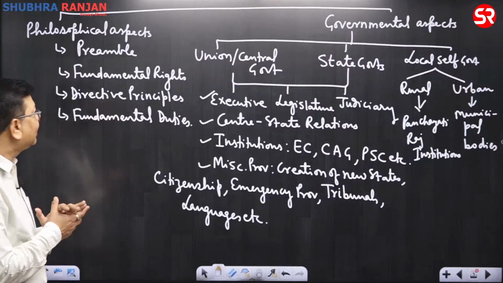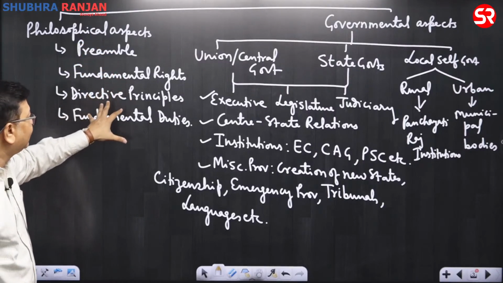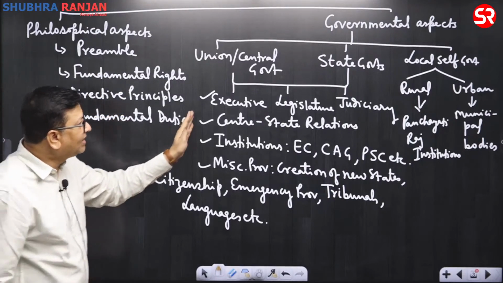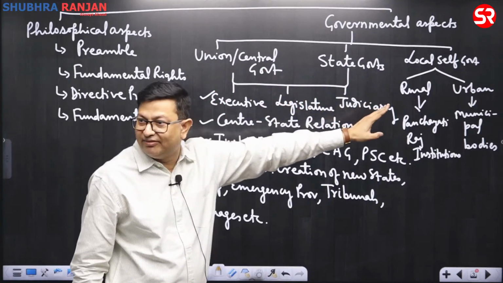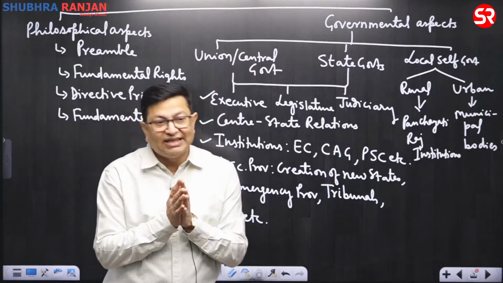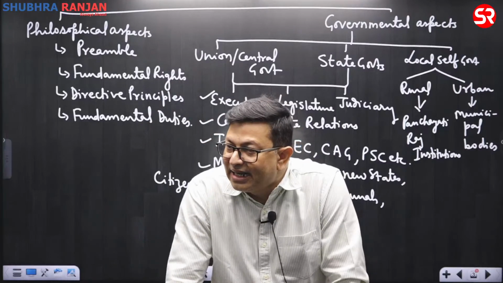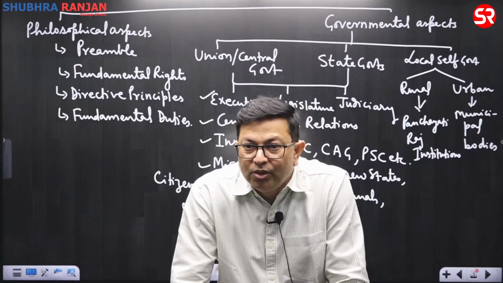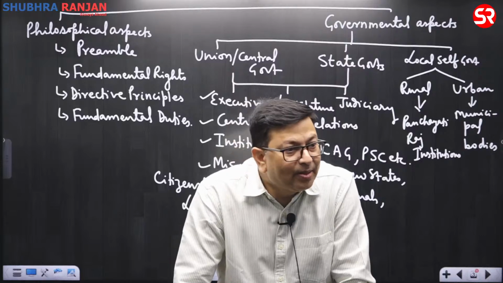So we will be discussing the philosophical aspects, the preamble, fundamental rights, directive principles of state policy, fundamental duties. We will be discussing the union government and the state government as well as the local self-government, and in detail, both the static part as well as the dynamic part. Clear? So these were the initial things that I needed to tell you in today's class.